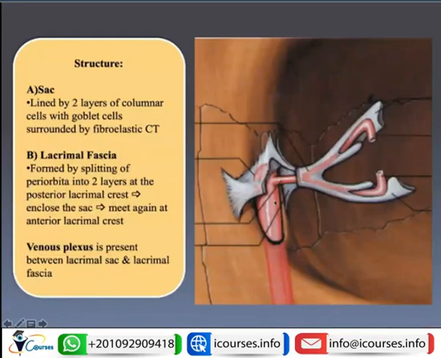The sac is covered by two layers of columnar epithelium and surrounded by lacrimal fascia.